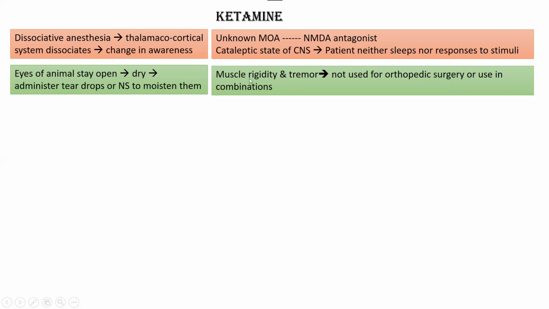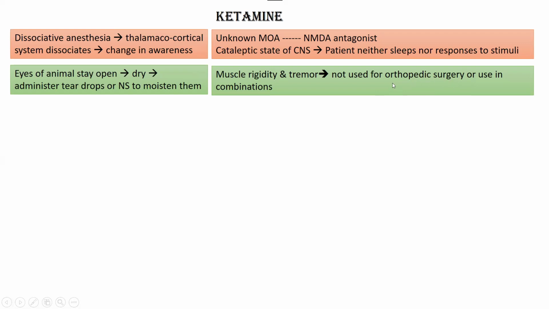Ketamine also causes muscle rigidity and tremors. So it is contraindicated in orthopedic surgery, because in orthopedic surgery we need muscle relaxation, because we have to reach the bone by separating the muscles. So we need muscle relaxation.